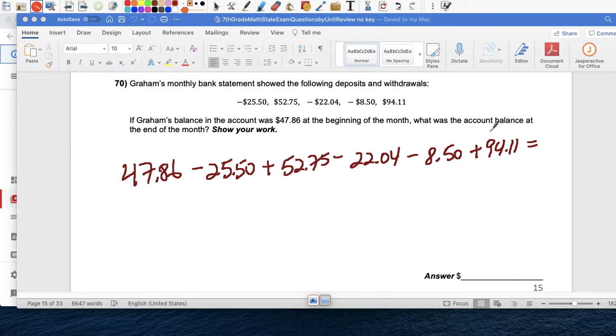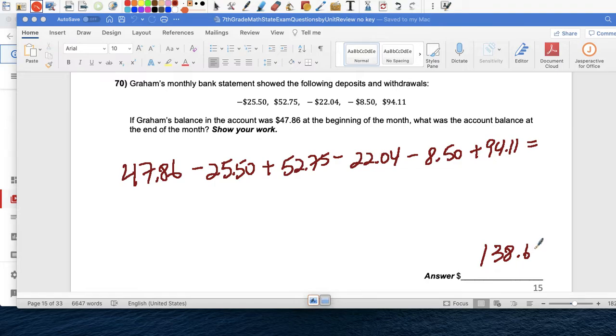47.86 minus 25.5 plus 52.75 minus 22.04 minus 8.5 and then plus 94.11. Enter. Final money in his bank account, it is $138.68.